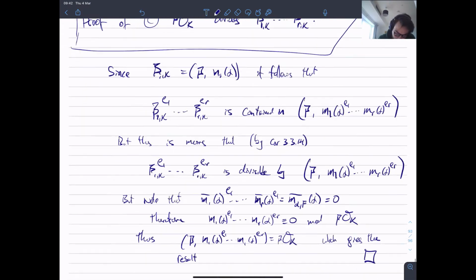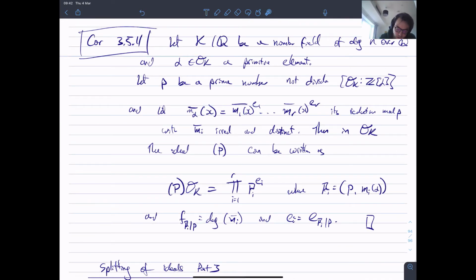Let me give you the statement. So this is the one that we're going to be working with. We have a number field K of degree n, and we have a primitive element alpha. We're going to pick a prime number p that doesn't divide the index of the ring of integers O_K over Z adjoined alpha. Then if I take my minimal polynomial and factor it mod p into irreducible bits and combine them up so that I get these e_i's, then this factorization will tell me how the ideal generated by p factors.